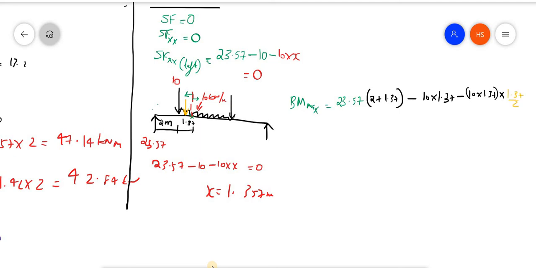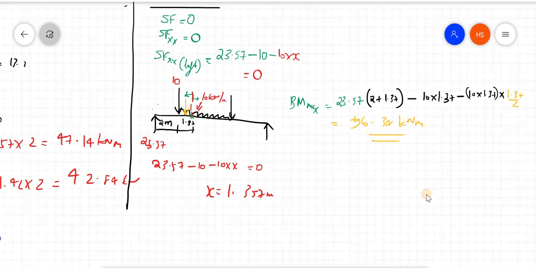So by simplifying this you will be getting the answer. The value will be 56.34 kilonewton meter. So this will be the maximum bending moment.